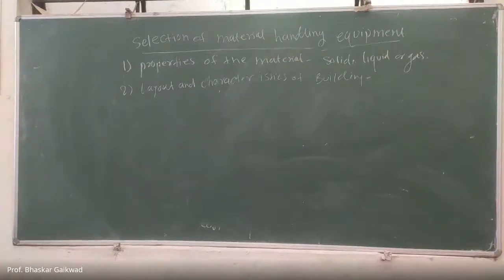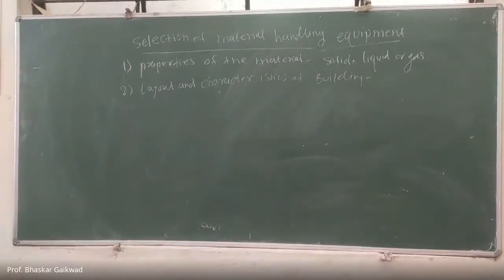So that we can think whether it is possible to shift an overhead crane, or whether it is possible to set a conveyor. To set specific material handling equipment, we require the layout and characteristic of the building structure. If it is multi-storey, we can make use of different types of equipment for material handling, such as lifts.